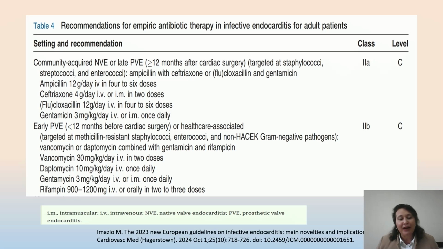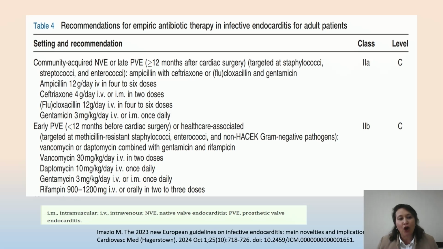Ampicillin 12 grams per day intravenously in 4 to 6 doses. Ceftriaxone 4 grams per day intravenously or intramuscular in 2 doses. Flucloxacillin 12 grams per day intravenously in 4 to 6 doses, and gentamicin 3 mg per kg daily intravenously or intramuscular once daily.